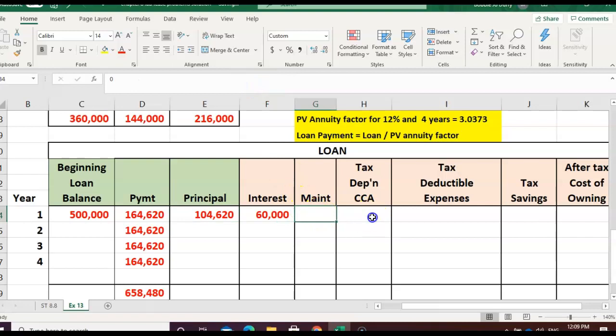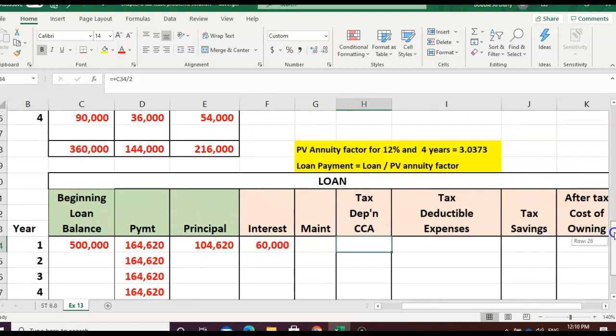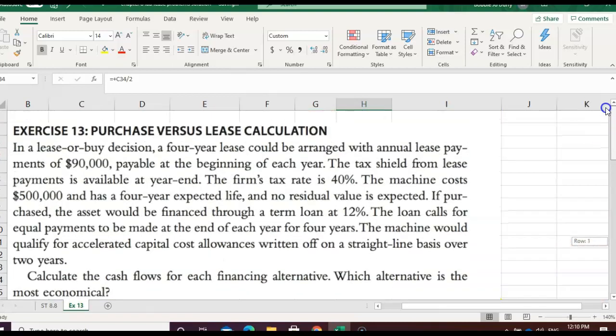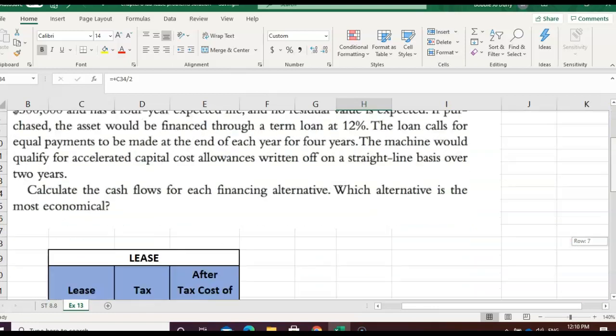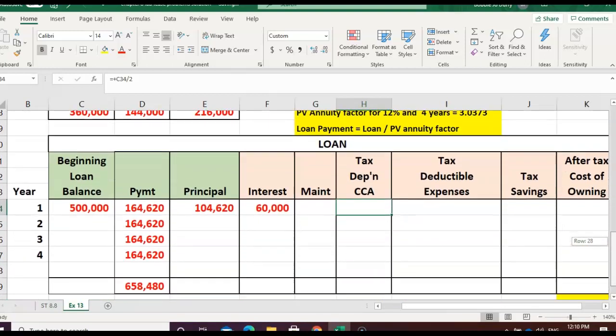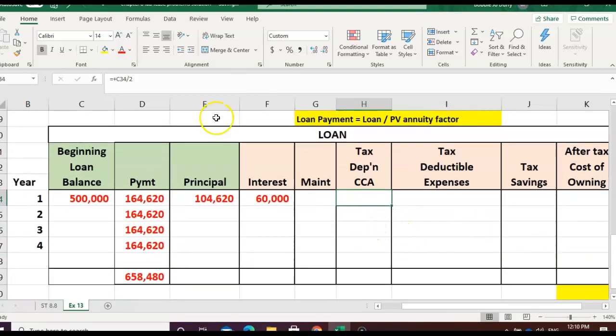Do we have maintenance on this? No. Our CCA for our item, they told us that we are going to do accelerated depreciation written off on a straight line basis over 2 years. So to get the CCA, we take the $500,000 and divide it by 2.